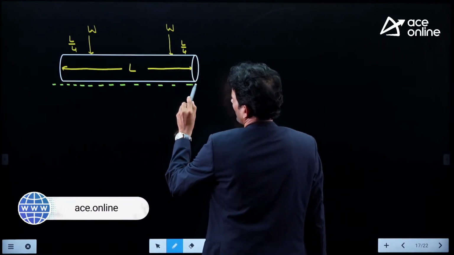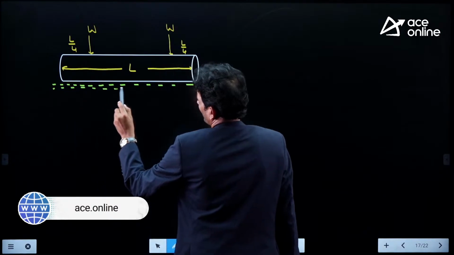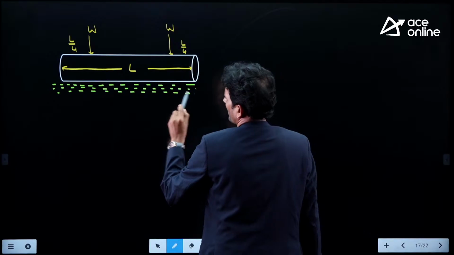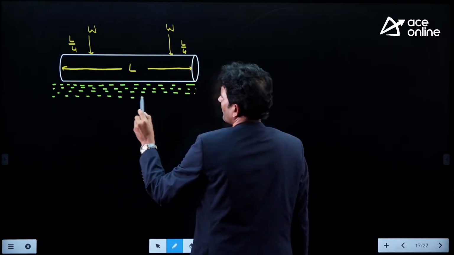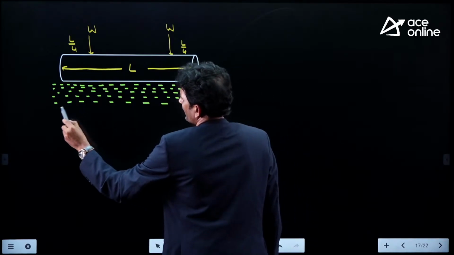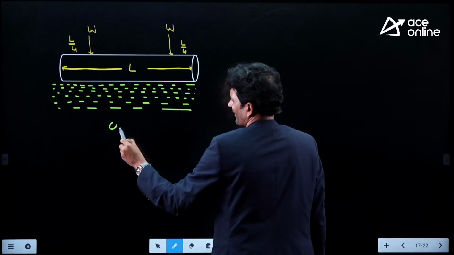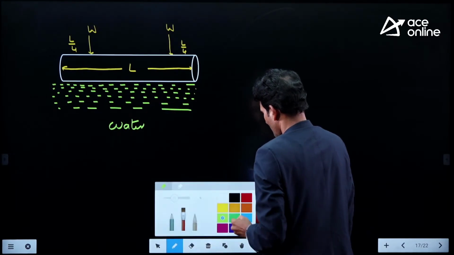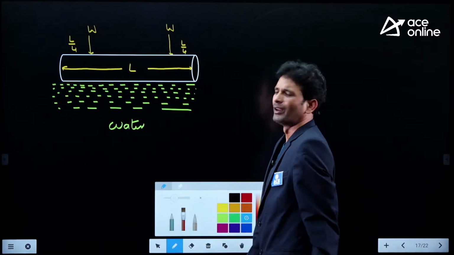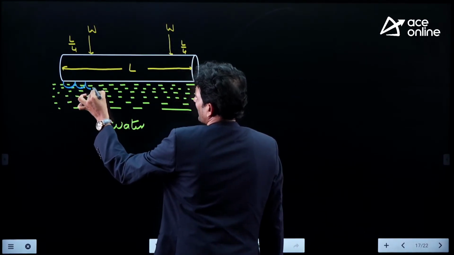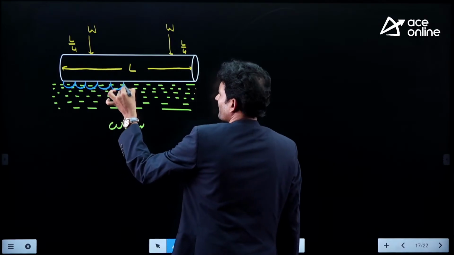So this is the water we have. When you consider the effect of buoyancy force, the water pressure will act in a uniformly distributed manner over the plank. Water pressure acts in the upward direction. So, water pressure acts something like this, my dear friends.